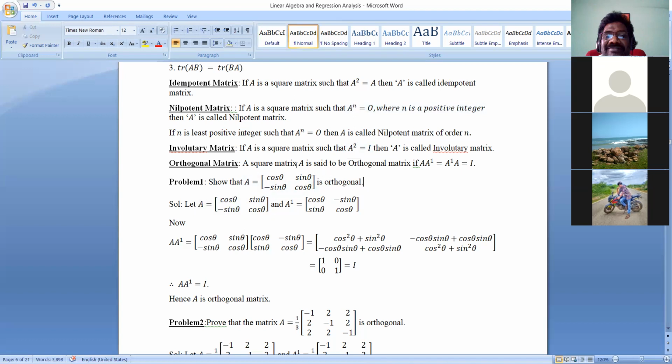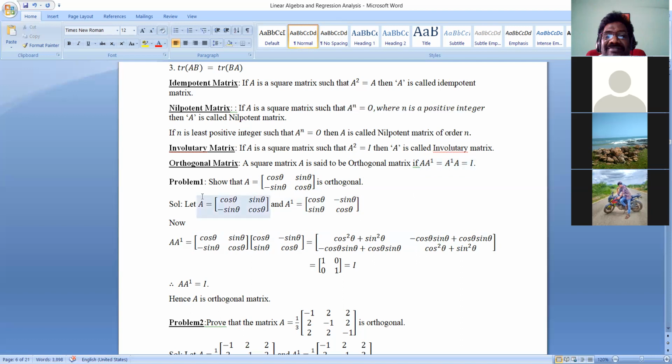A square matrix A is said to be orthogonal if A into A transpose equals A transpose into A equals I, the identity matrix.